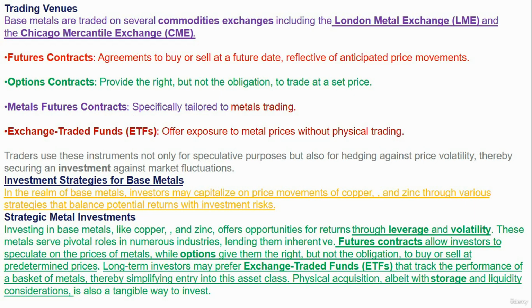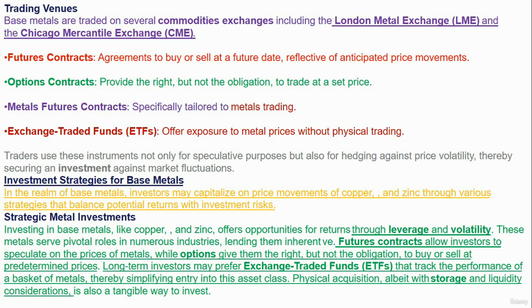We have already seen we can trade metal by future contracts, option contracts, ETF, and metal future contracts. And even this can be taken as hard storage, so there are investment strategies for base metal, and a trader will be able to understand how he can invest in the metals.